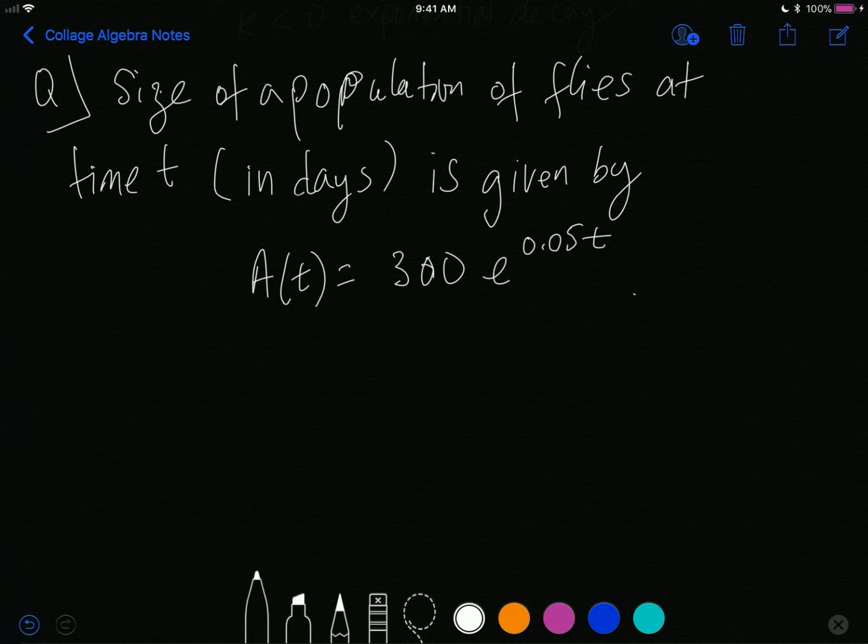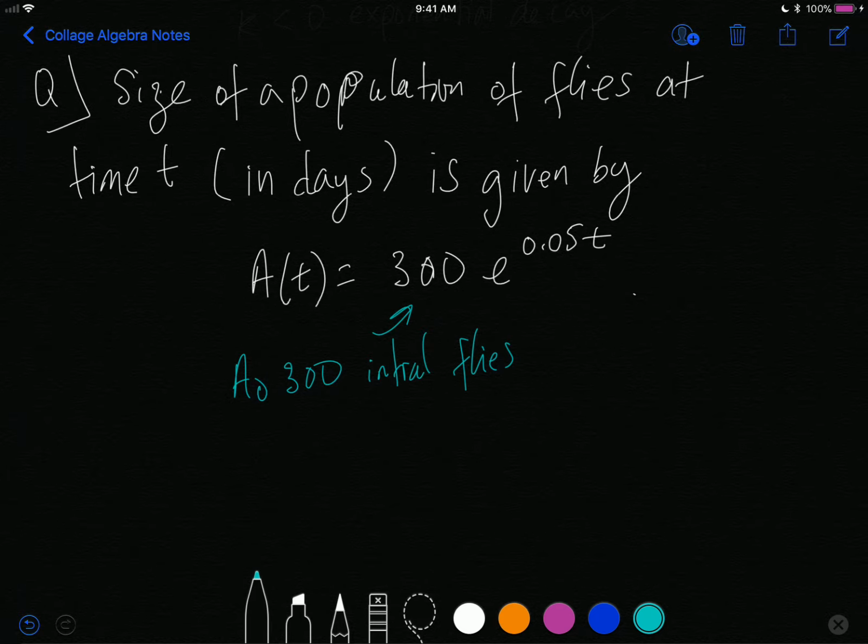But before we start doing that, let's just go ahead and explore the equation. The first number you see is 300. That's your A0. 300 initial flies. Some poor soul had to go through and count how many flies are in there before we start the experiment, and it's 300.